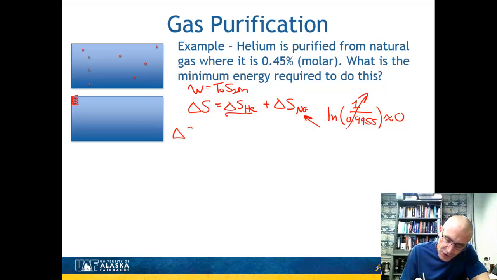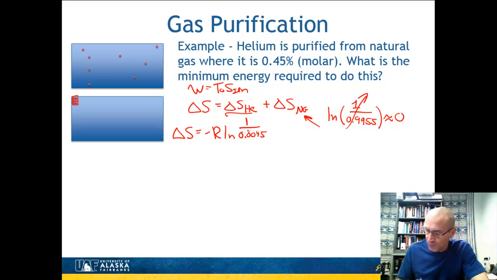The change in entropy, on a per mass basis, is going to be minus R times the natural log of 1 over 0.0045. This is the final partial pressure over the initial partial pressure in terms of mole fraction, so I've got 1 over the mole fraction there. Let's put in some numbers.